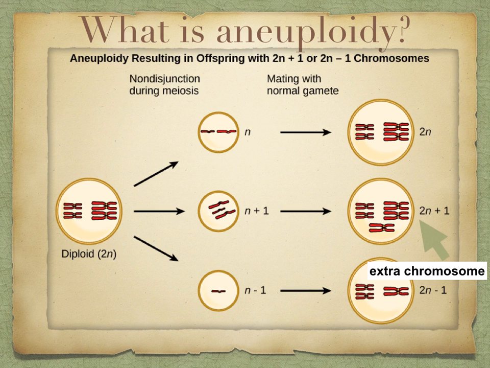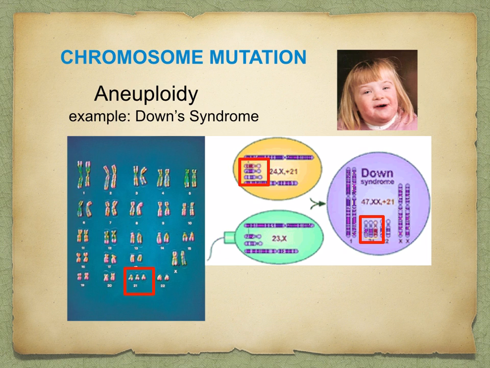Now, if this extra chromosome occurs on chromosome 21, the child will have something called Down syndrome. Here you can see the extra chromosome 21 on the karyotype or karyogram. The fertilization of a genetically abnormal egg carrying an extra chromosome 21, the yellow circle, by a normal sperm, represented by the green circle, produces an embryo with Down syndrome.